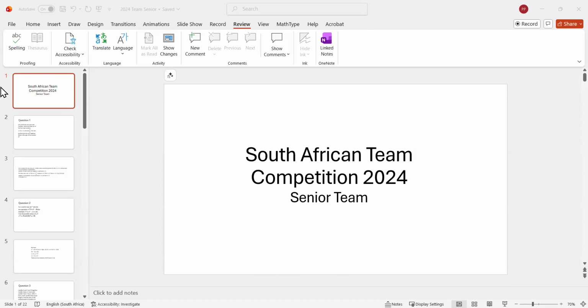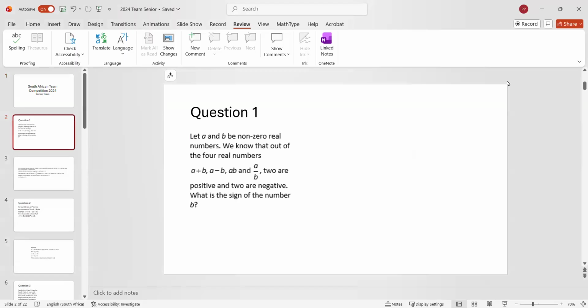Okay, so as you can see, we are speaking about the South African team competition 2024. And the very first question is the following. Let A and B be non-zero real numbers.